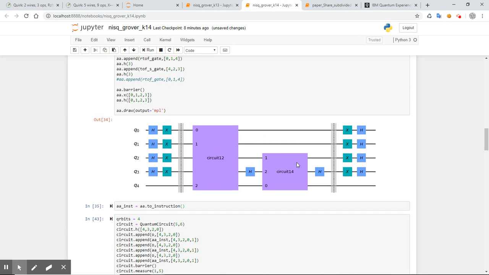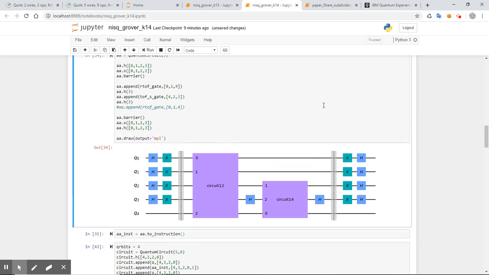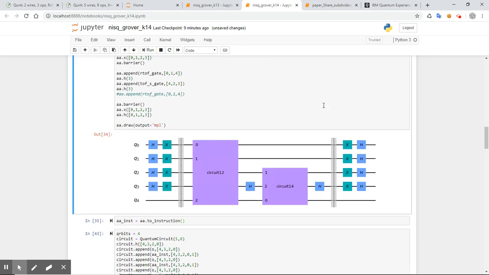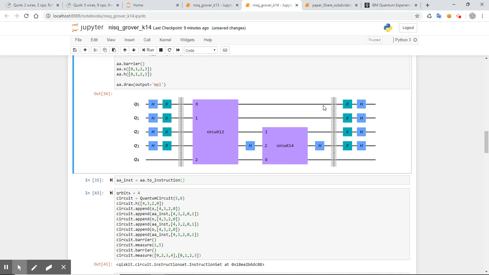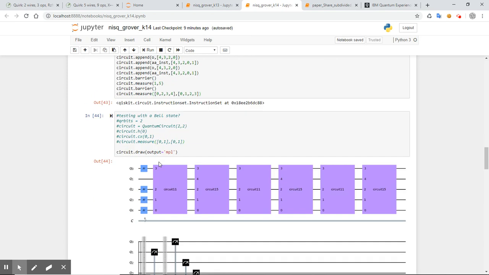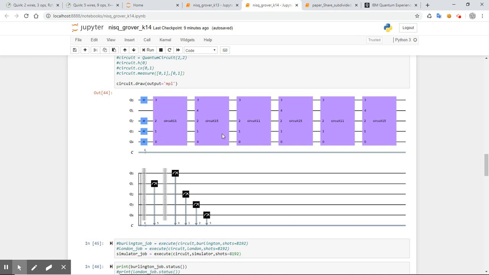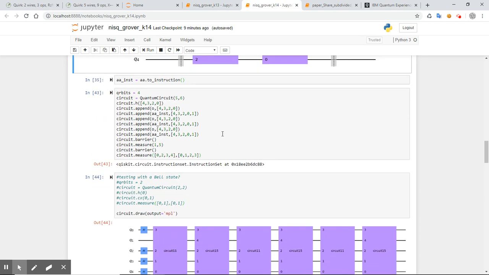I'm not uncomputing. So I do these and these, and if qubit 1 is 0, oh, so it's Q4 in here. Yeah, okay. Sorry, here it's Q4, but it's Q1 in the bigger circuit. That's all fine. That's the final circuit in here.